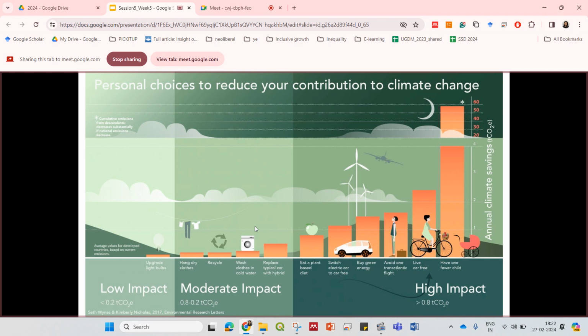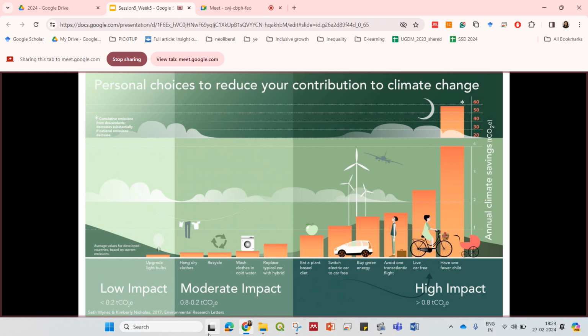So which personal choices can help you mitigate climate impact and to what level? So there are three categories of levels that have been given in this graphic. There is low impact. So what choices will you make which will have some impact but the impact will be low?